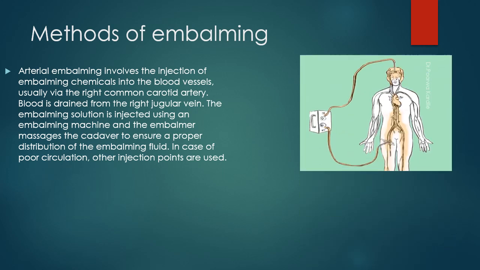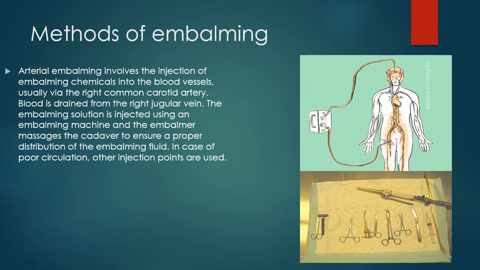So, this is the method. We can see in this picture, the embalming machine is used for injecting the fluid. So, lower down, we can see there is femoral artery, and in the neck region common carotid arteries. These are commonly used for arterial embalming, and the instruments used for the embalming procedure.